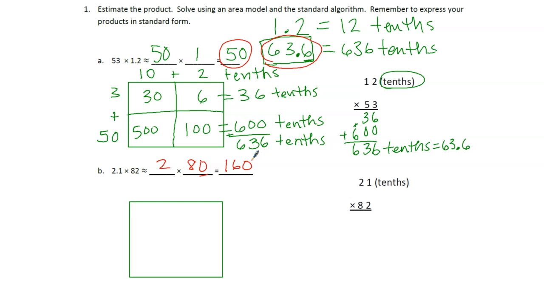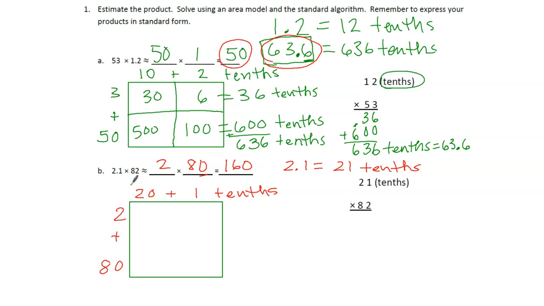Let's go ahead and decompose our numbers. Well, I know that 2 and 1 tenth is equal to 21 tenths. So I'm going to put my 20 tenths plus my 1 tenth. Alright, and then my 80 is going to drop down because that 8 is in the tens place. My tens place is heavier than my ones place, so it's always going to drop down. 80 plus 2.